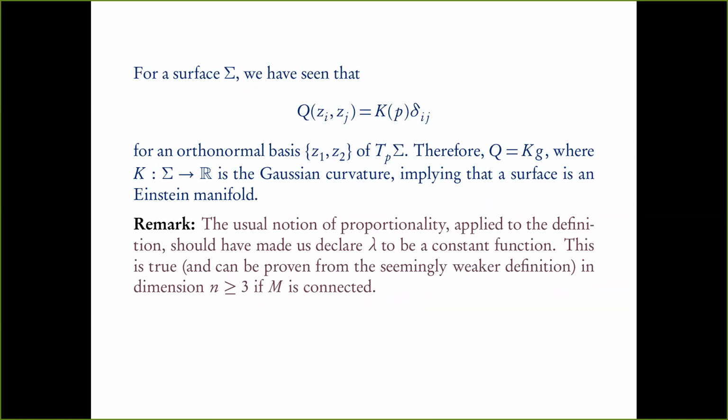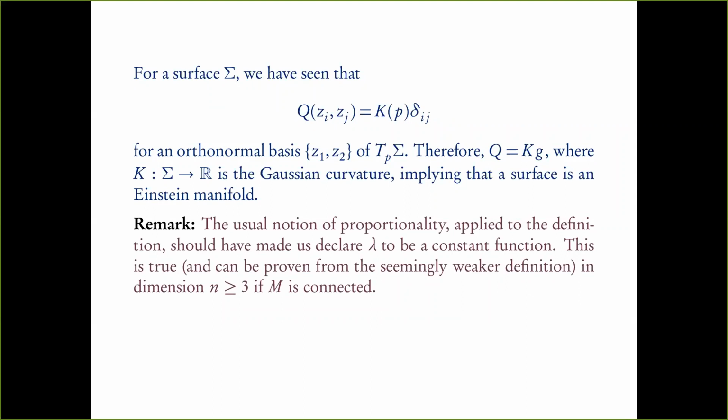We just saw in the first half of this slide that a surface is an Einstein manifold in the old definition. Is it an Einstein manifold in the new definition? Because the Gaussian curvature is usually not a constant for a surface. It's a varying function, correct? So if I want to claim that a Riemann surface, for example, a surface which is orientable and has complex structure and so on, the usual surfaces that you encounter, is an Einstein manifold, the first half of this slide is not going to work.